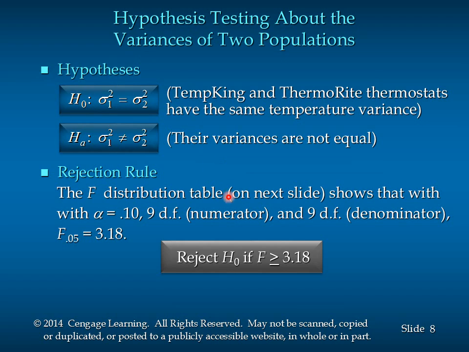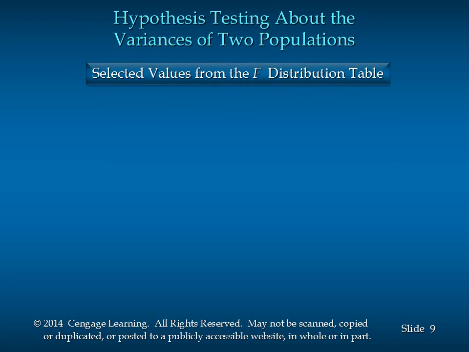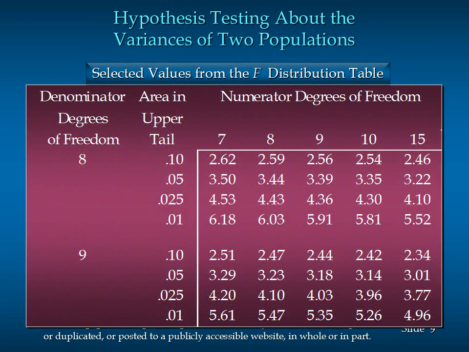So here, you're going to get 3.18 as your test statistic, or your critical value. And the way you get that, in the back of your textbook, hopefully I've got that up here. Here we go. And this is why the distinction was made between the numerator and the denominator.